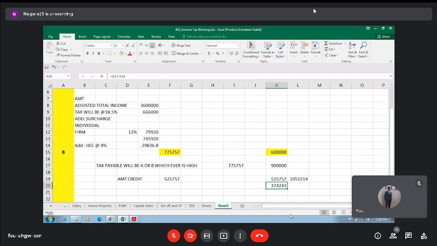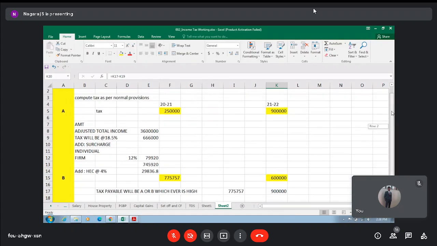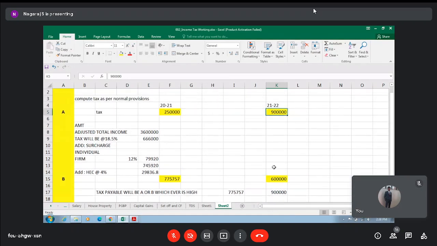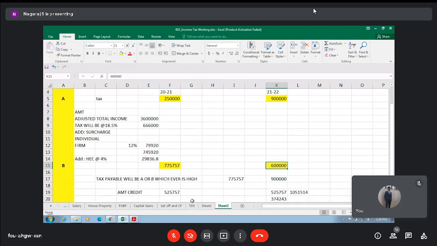No, sir. Why no? Because the provision says minimum you have to pay this much. If you take entire credit, how much are you paying? Less than this, right? That is not allowed.